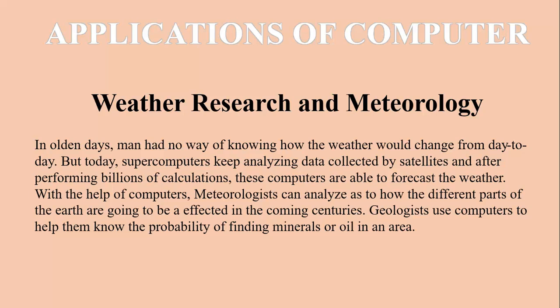Meteorologists can analyze how the different parts of the earth are going to be affected in the coming centuries. Geologists use computers to help them know the probability of finding minerals or oil in an area.